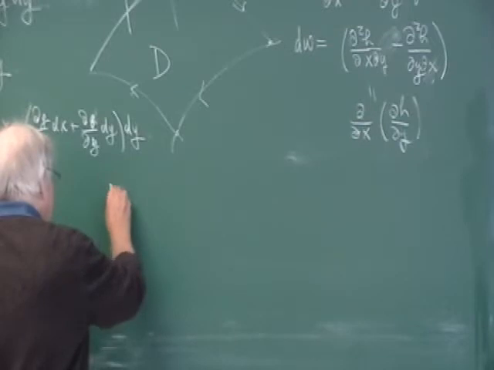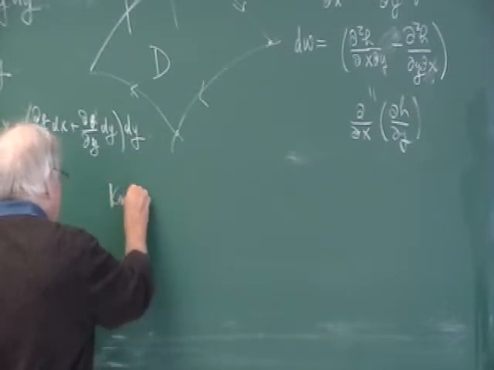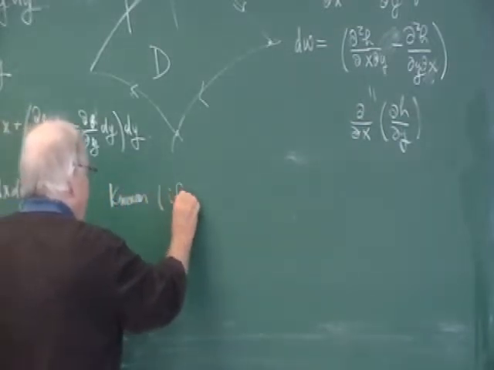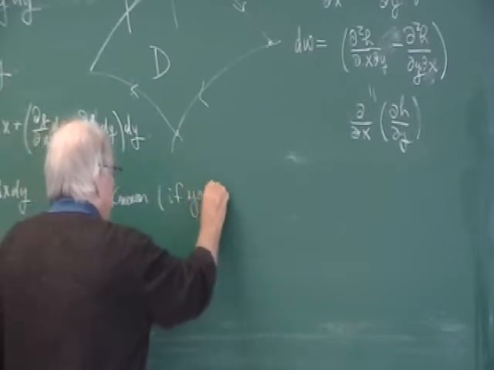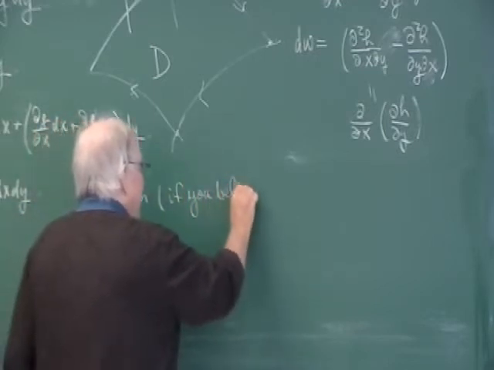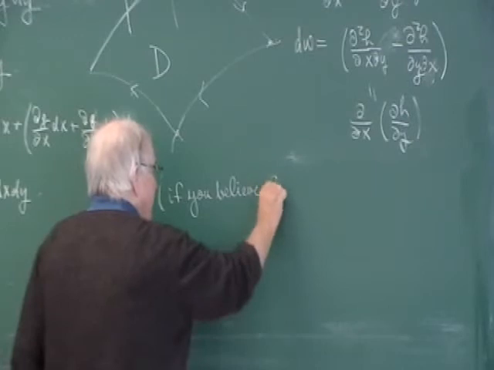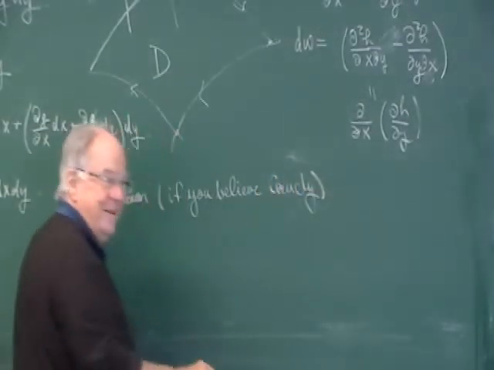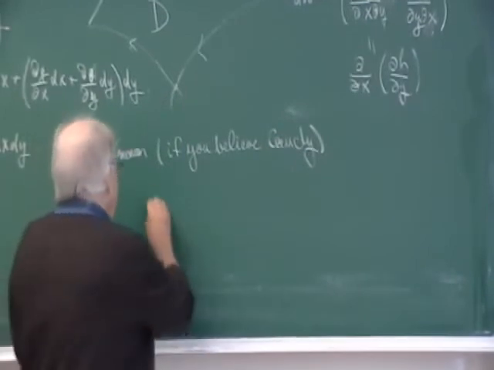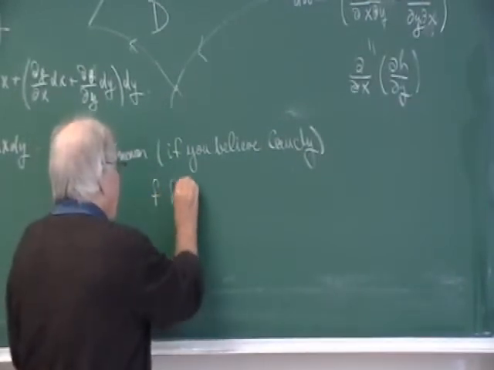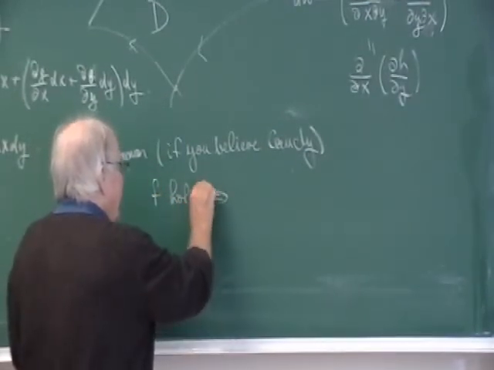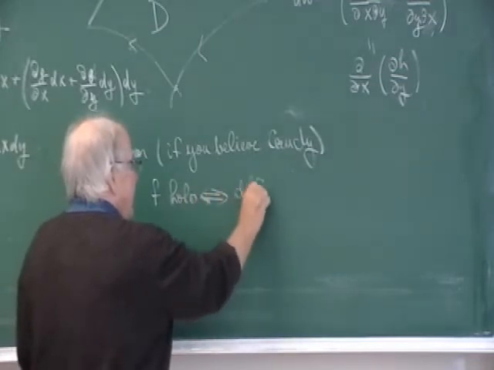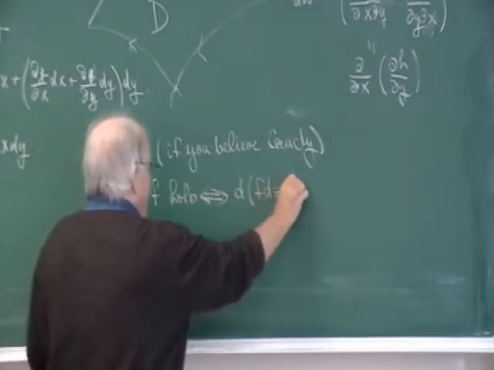What was known, if you believe Cauchy, is that f is holomorphic if and only if d of f dz equals 0.